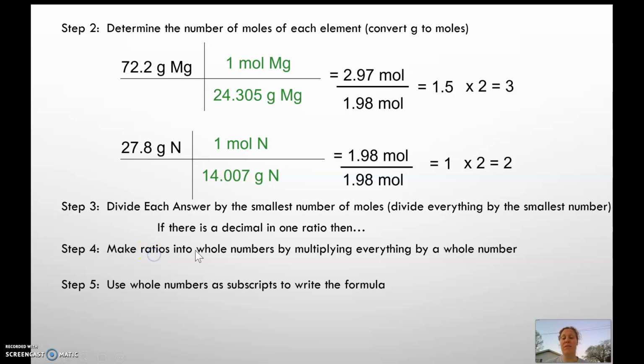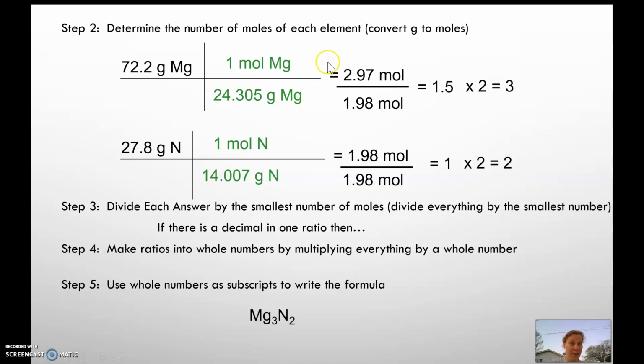The very last step is that those numbers are the subscripts in your formula. So Mg gets a 3, N gets a 2. Mg3N2. That's our empirical formula.